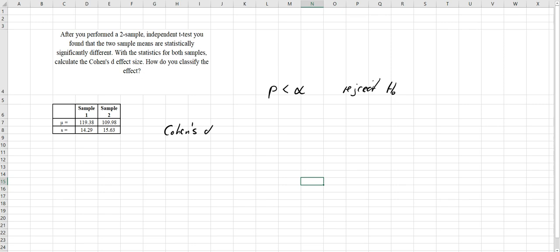So Cohen's d, and in this case, because we are dealing with two different samples, we can calculate the difference between their sample means.